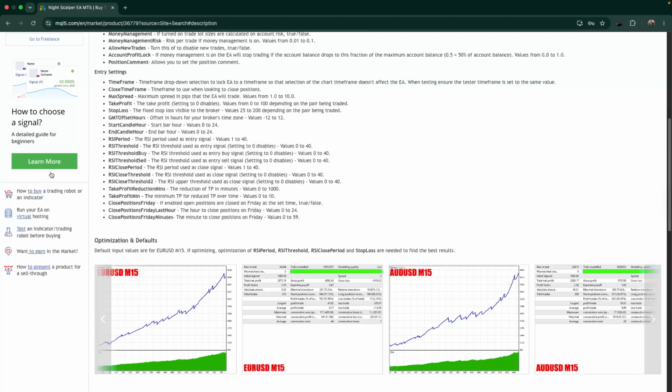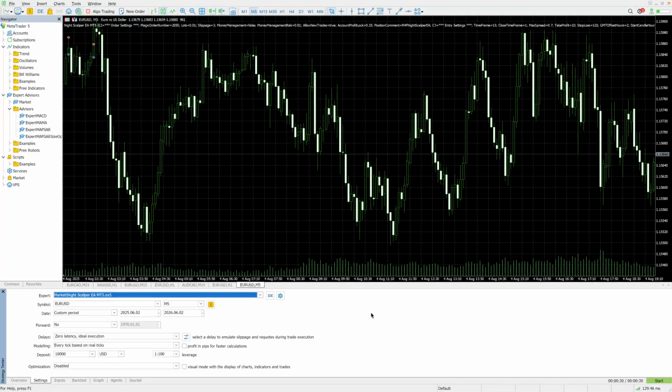Now let's look at my backtest. I tested this expert advisor on MetaTrader 5, on EURUSD on the 5-minute time frame for the full year June 2025 to June 2026 with a $10,000 deposit using fixed 0.01 lots.